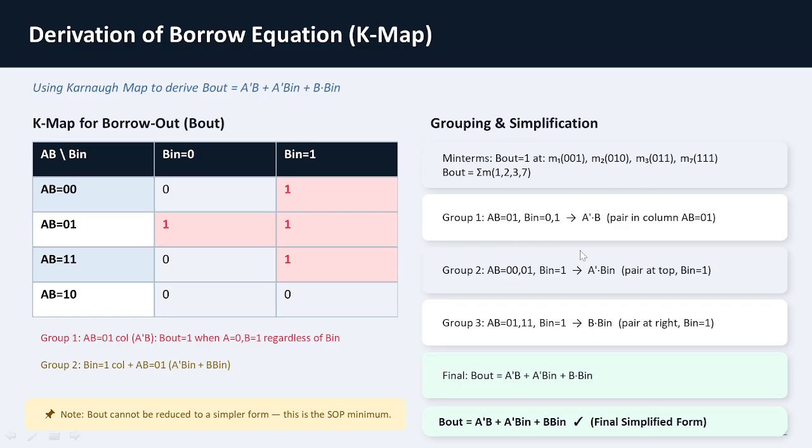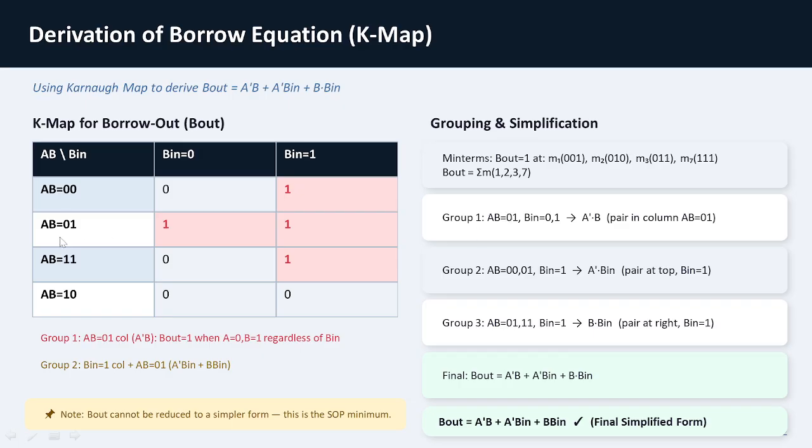I hope everyone got how to pair. Just look here. This is your group one, where AB is 0,1 and B in is 0,1. You are going to write a pair like that. What is your A value?